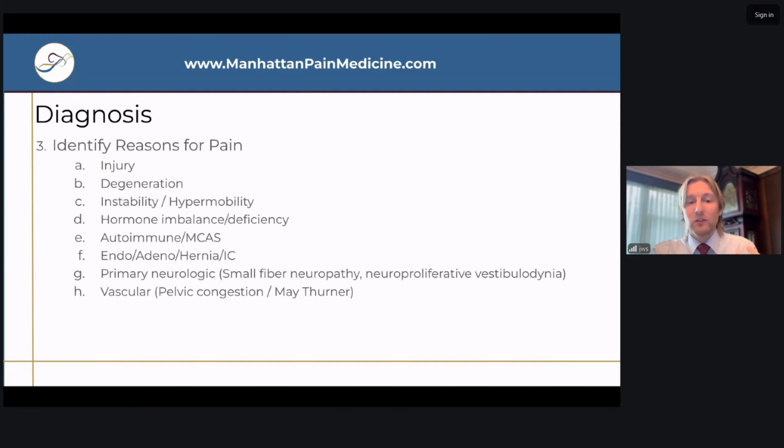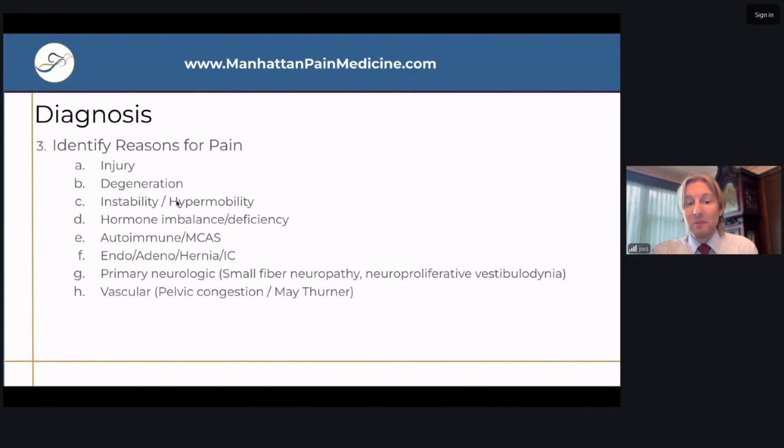Degenerative changes, which of course we see frequently, osteoarthritis, the effects of gravity on our body, the effects of weight on our body, the effects of suboptimal biomechanics will all lead to degeneration. I think something that's often underdiagnosed is hypermobility, and this may be my bias. We see a lot of hypermobility or Ehlers-Danlos syndrome in our office.